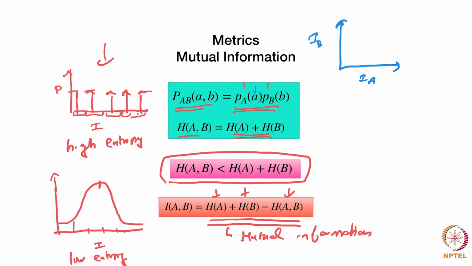Now, in that case, you want a sharply peaked histogram. If you look at this in 2D, there are two axes corresponding to intensities from each of the images. The high probability region should be here. It's sharply peaked because this is the high probability region. Everywhere else it will be very sparse, close to zero.